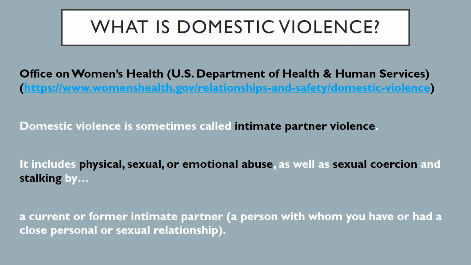We saw that on the last slide, which can extend to parents and kids, and a third party that is somehow involved with the relationship. But when we look at intimate partner violence, typically we are focusing on violence or behaviors that occur within what we refer to as intimate partners, and we'll see that defined.